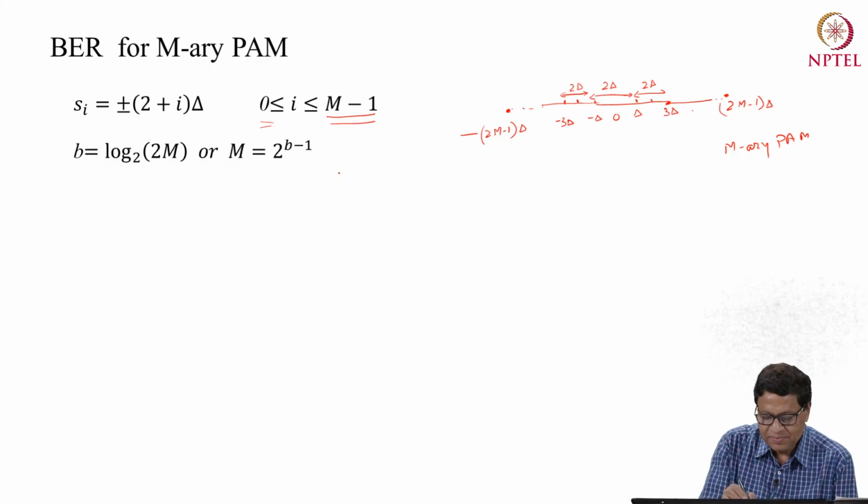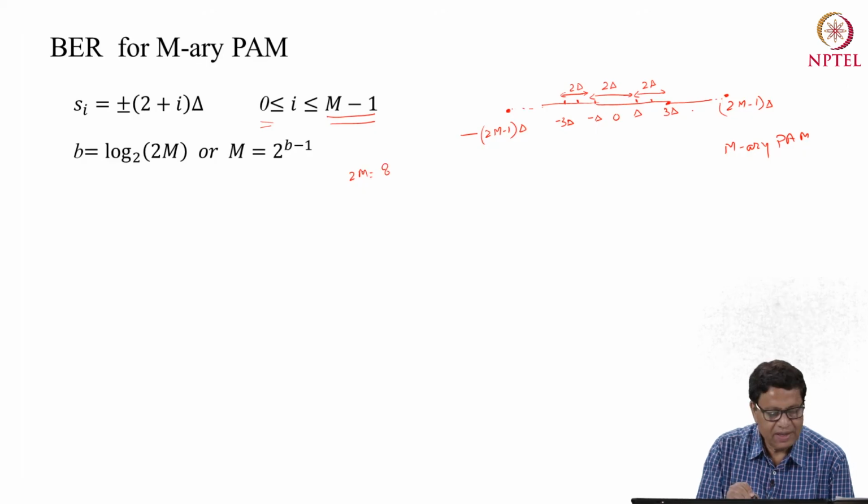So for example, 2M is say 8, and then b will actually be 3. And there will be 8 levels.